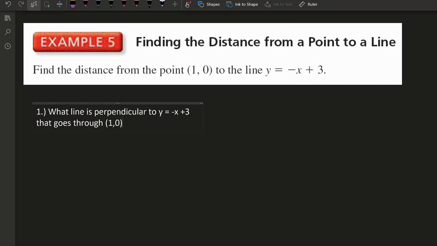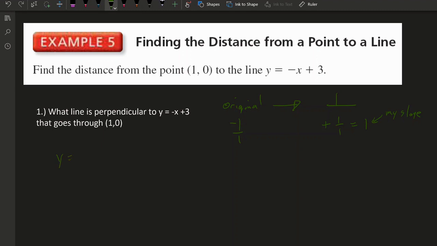This is a problem that we've already done before. In this one, the original slope is negative 1, and I'm going to put that over 1 so I can find the reciprocal. The perpendicular slope, change it to a positive and then flip it over, is positive 1 over 1, which is just 1. This is my slope.